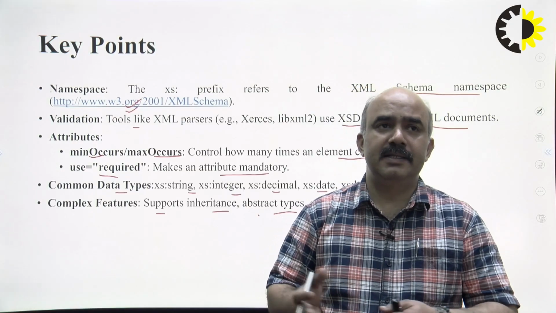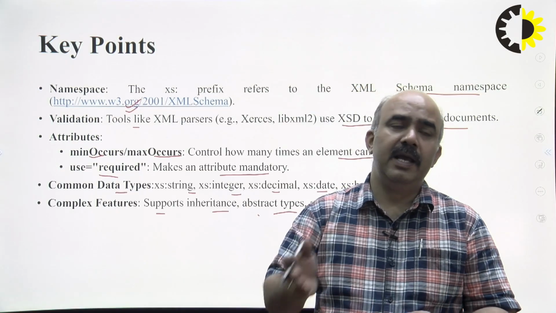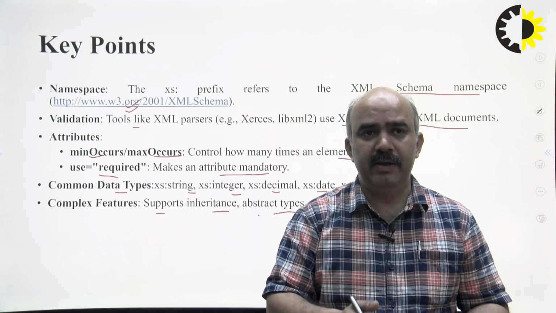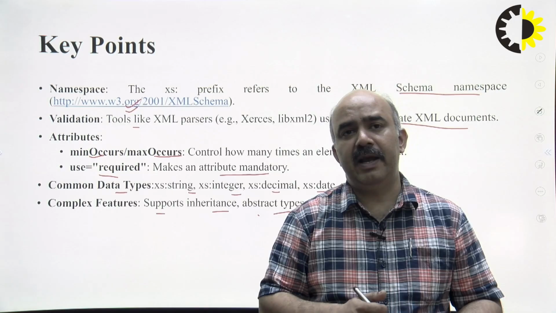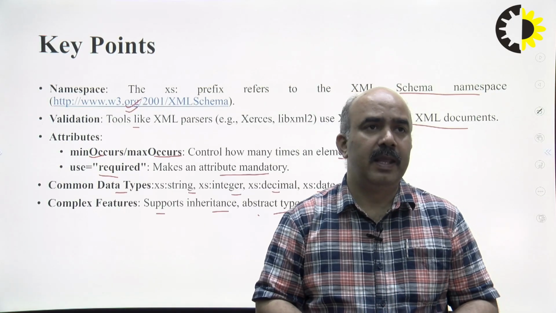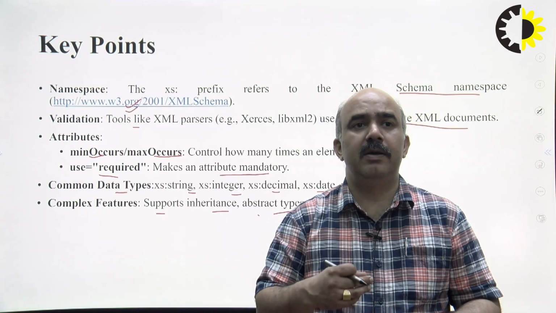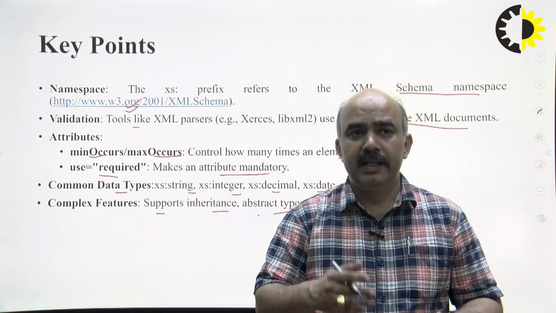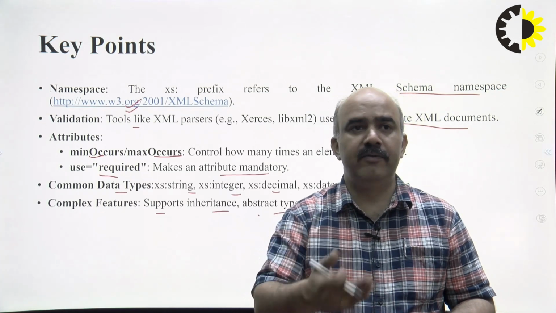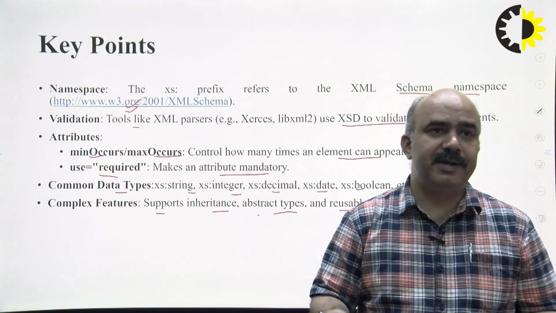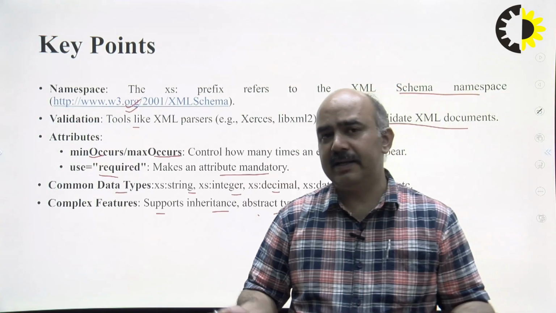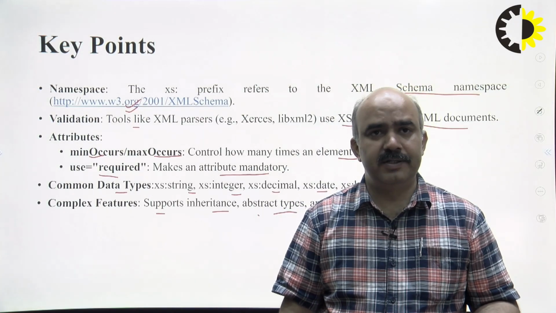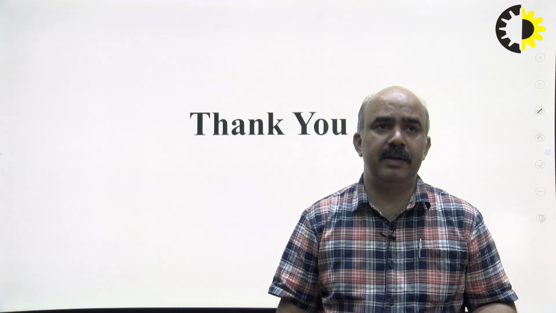Then XML schemas basically overcome the issues with DTD, where everything is defined in textual format. In the XML schema, whatever data you provide will be in the same format, whether string, integer, decimal, date, or boolean, etc. So this is all about the introduction to XML schema. Thank you.